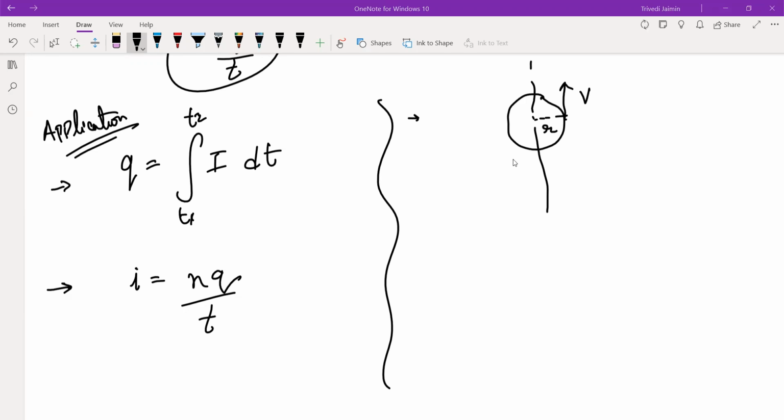So a point charge q is revolving around the circle of radius r with velocity v. The time period for that will be 2 pi r by v, and v by r is omega.